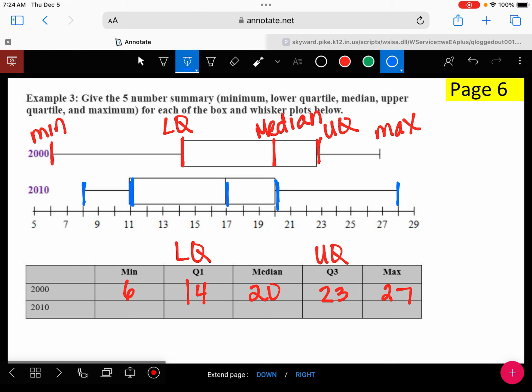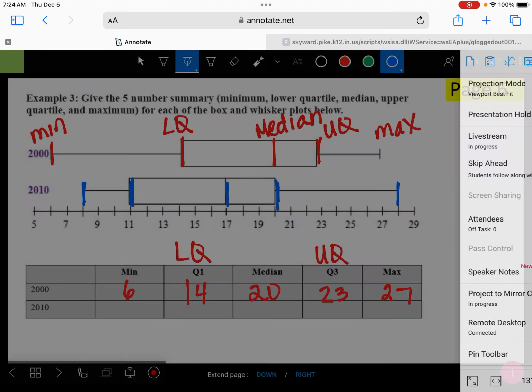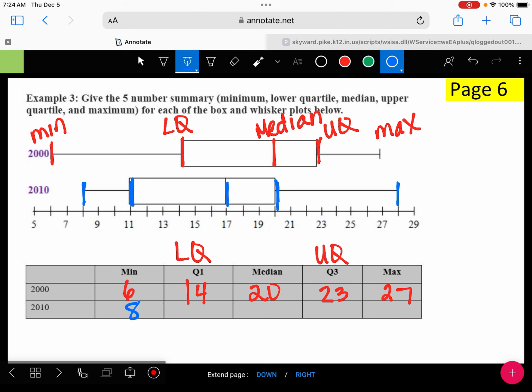Our 5 numbers, where those blue lines are. So I'm gonna freeze mine, and you all fill out, and we'll see if we match.